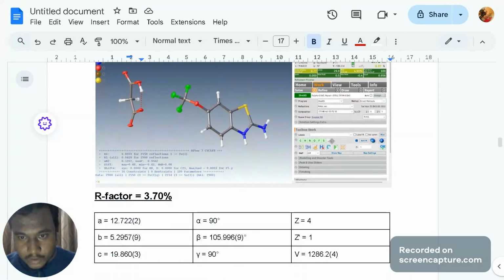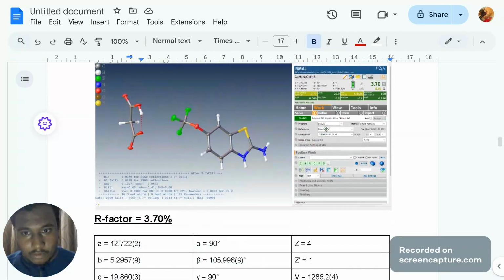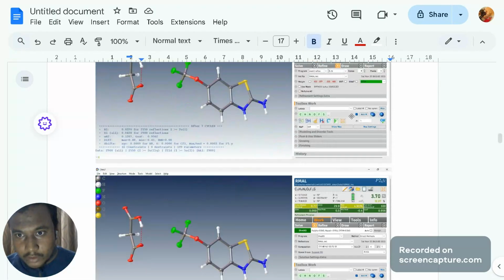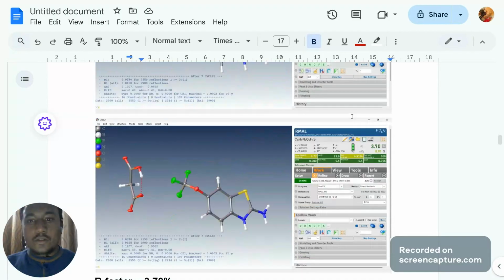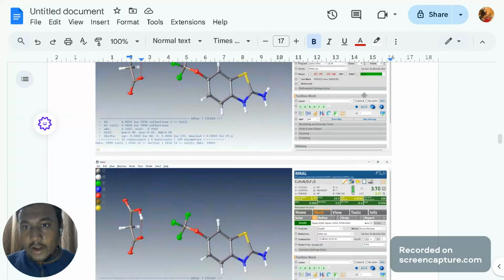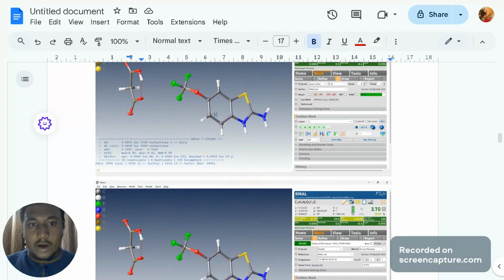For the refining part, I did the same as in part one. I firstly constructed a basic structure, then added hydrogen, and then selected this button for a better R factor.